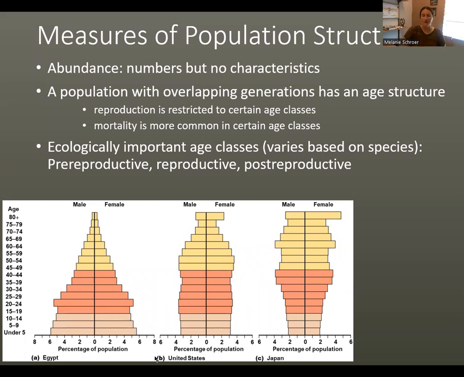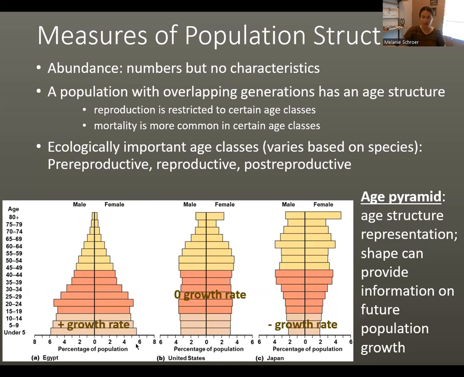Okay, so for example, if we look down here, we can see a human population structure in 3 different places. So Egypt, US, and Japan. Down here, kids under 5, and then older and older and older up to over 80. And so what we can see is the shape of these distributions changes depending on where you're looking. Okay.